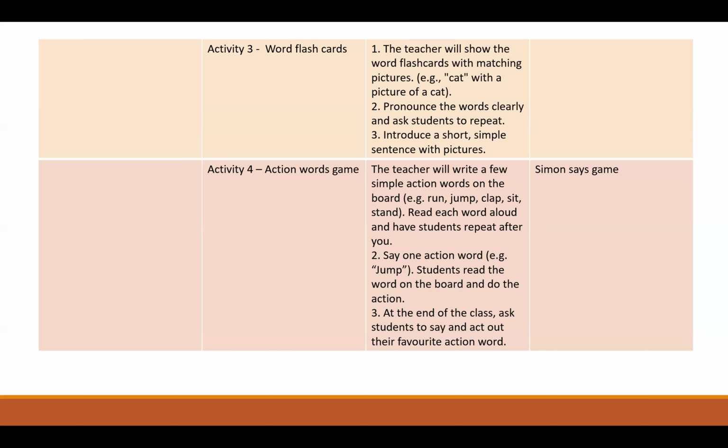The second one, say one word. Example, jump. If I say one word, the students will say it again. The students read the word on the board and do the action. The last one, at the end of the class, I will ask the students to read the word, and they do the action which I told them.